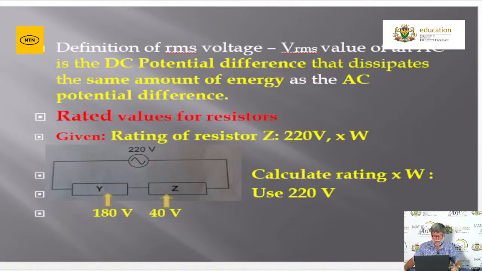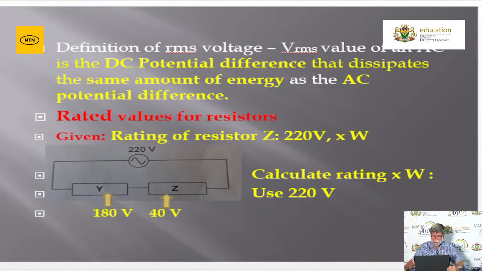Quickly on rated values. I've seen in the previous NSC grade 12 exam, the whole question about rated values is maybe something that must be highlighted. Quickly, I refer to this circuit diagram, Y and Z. Now, say for instance, you were able to calculate, you see it is a series circuit, so the 220 volts are divided between Y and Z. Now, Z only receives 40 volts.